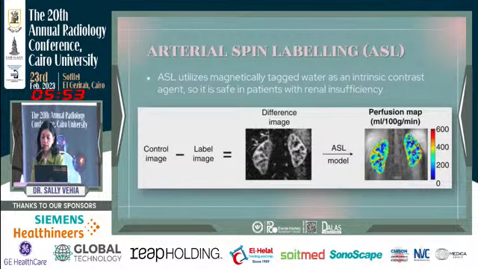ASL utilizes magnetically tagged water as an intrinsic contrast agent, so it is safe in patients with renal insufficiency. A control image is obtained without contrast, then a pulse is used to magnetize the blood. The labeled image is then subtracted from the baseline image, generating a map of the signal difference created by the perfused blood.